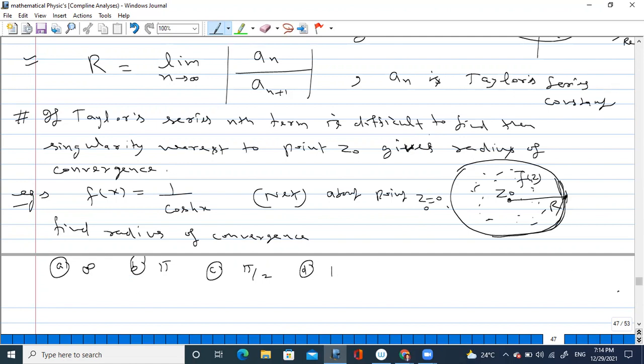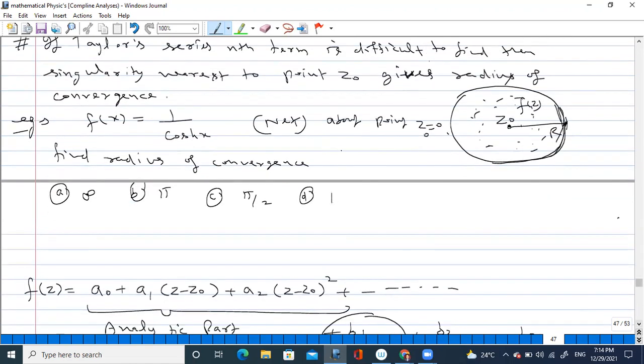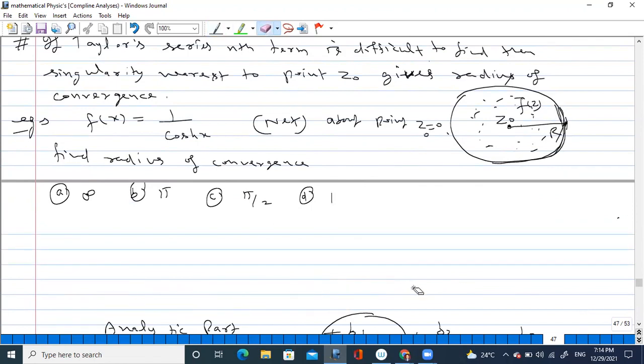Okay, so what to do means we have to find the singularity nearest to z equal to 0.